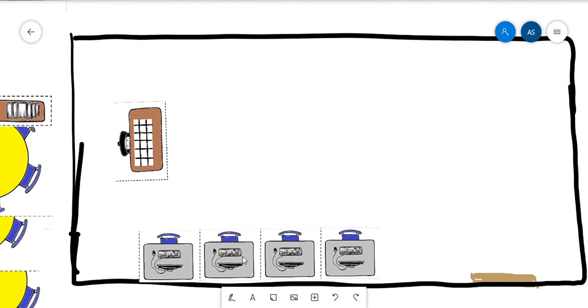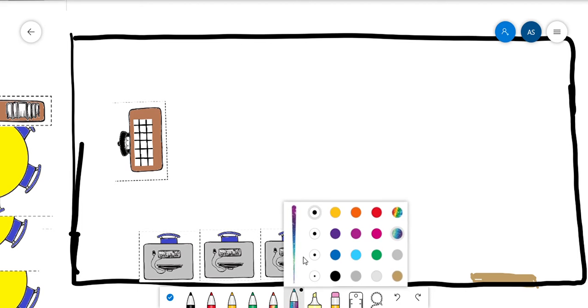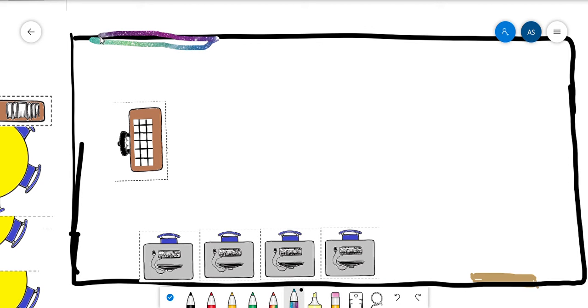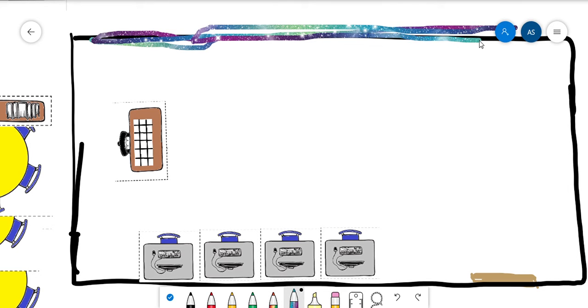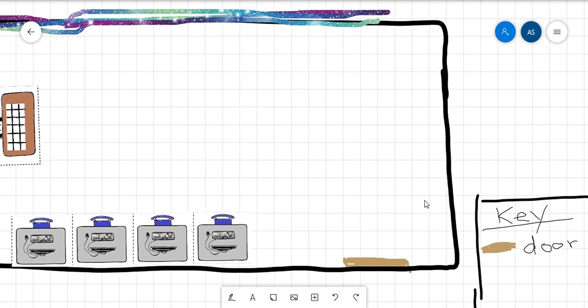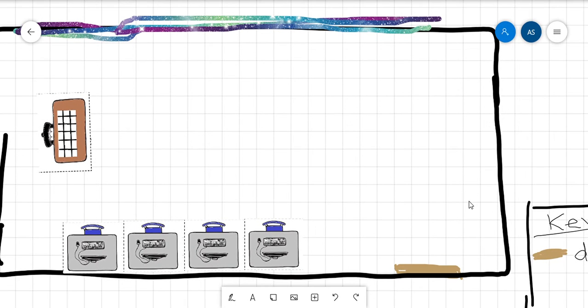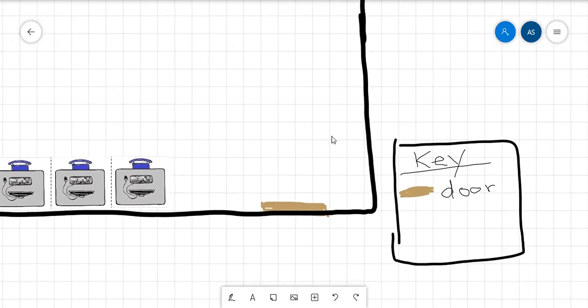I could also make windows. I'm going to make the windows with the galaxy pen because that's fun. We have windows all along this wall of the classroom, and it helps us figure out where things are to help us make the map of our room.